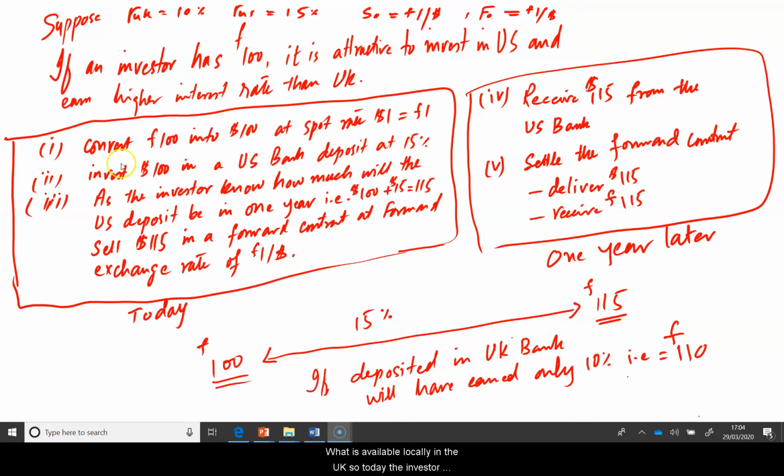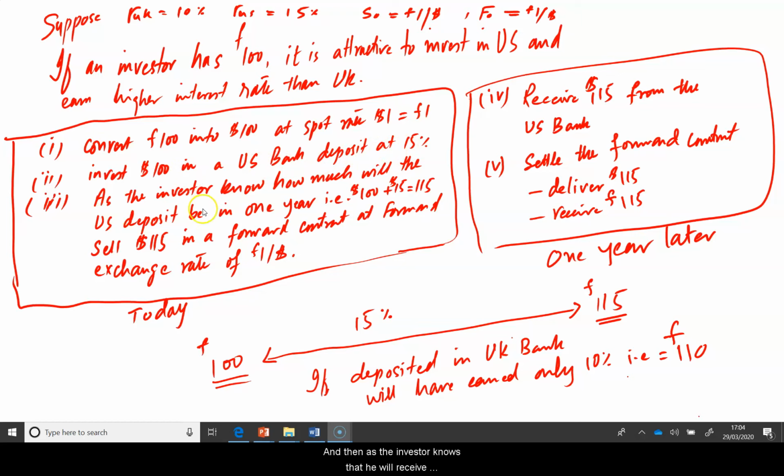So today the investor converts £100 into $100 at the spot exchange rate, which is $1 equal to £1. Then the $100 from conversion is deposited in a US bank at 15% for 1 year.